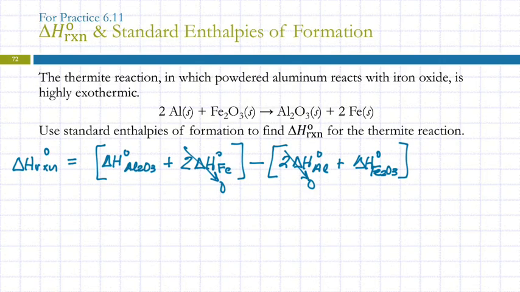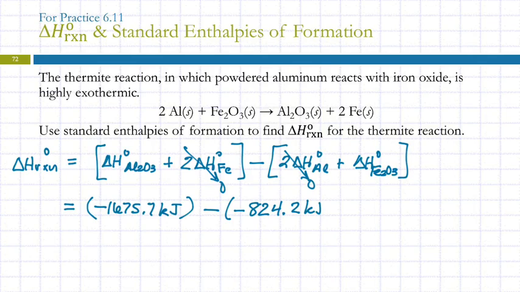So we go back over here. So the heat of formation for aluminum oxide was negative 1675.7 kilojoules. We don't need to do the 0. And then we're subtracting the heat of formation for the Fe2O3, 824.2 kilojoules.